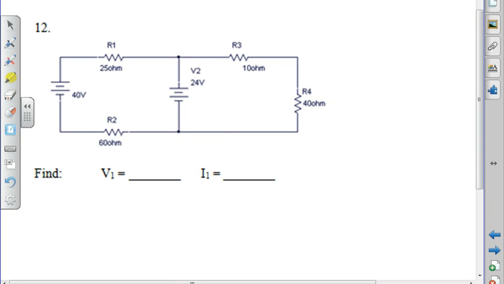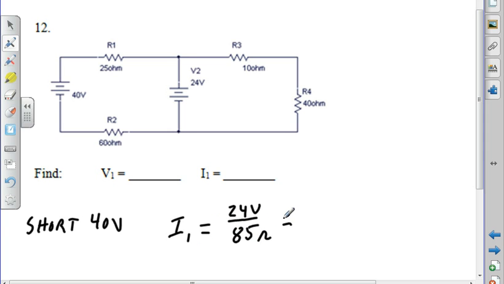So I'm going to short the 40 volt battery. Okay, if I do, then I'm only concerned about R1 here. I got a total resistance of 85 ohms. So my current through R1 is going to be 24 volts divided by 85 ohms.